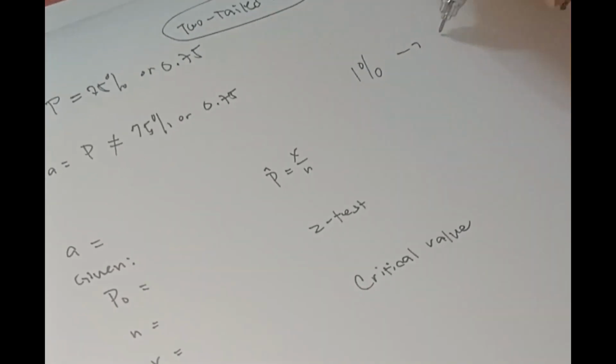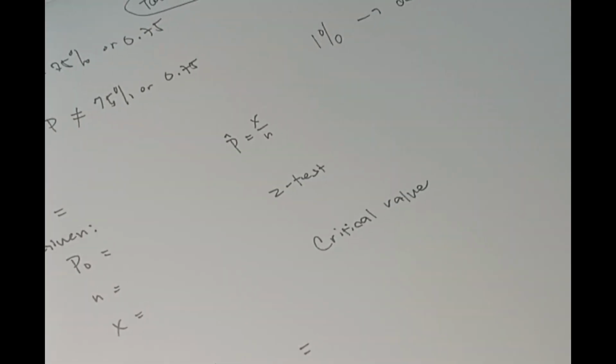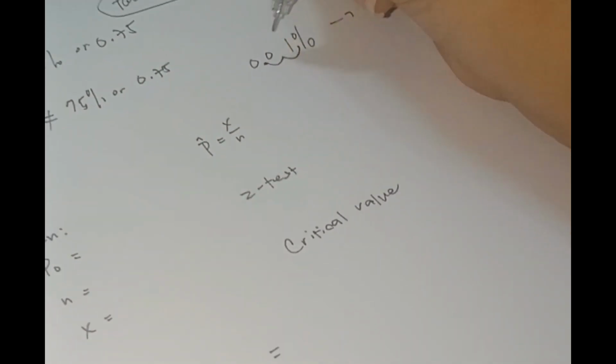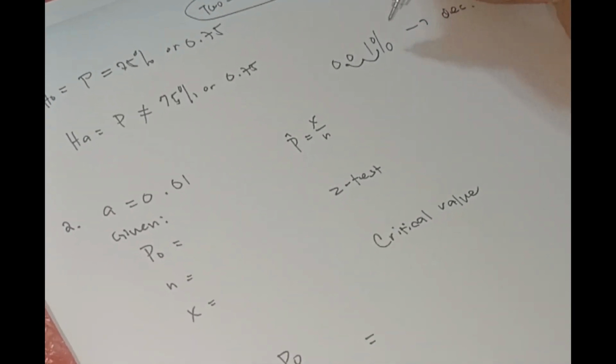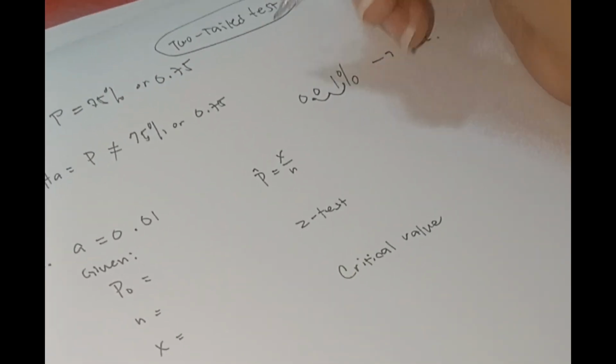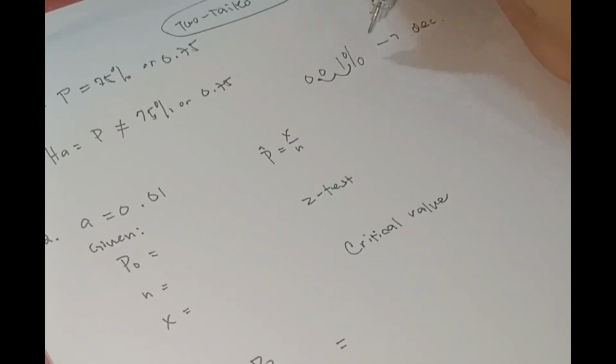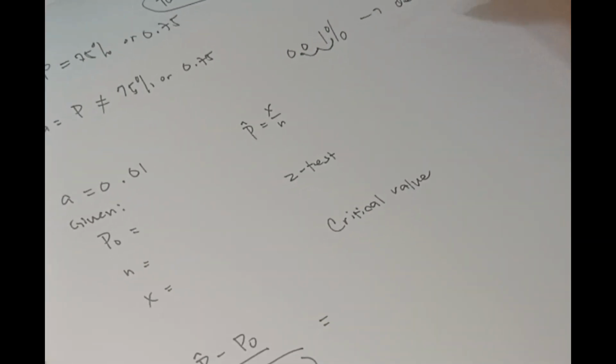So, kailangan natin siya i-convert into decimal. So, paano? Yung point niya dito ay move natin to the left. So, ang magiging sagot is 0.01. So, tulad nga nasabi natin sa una, kapag ang significance level natin ay naka-percent form, naka-percentage, kailangan natin siyang i-convert into decimal.